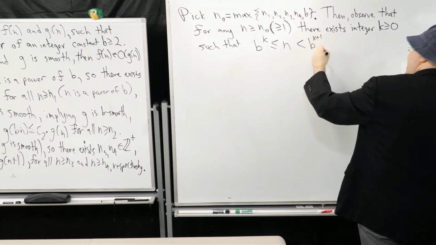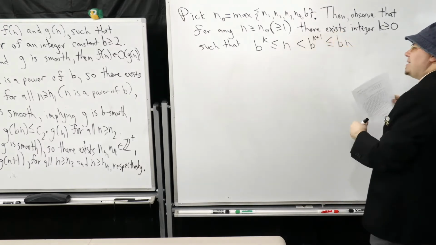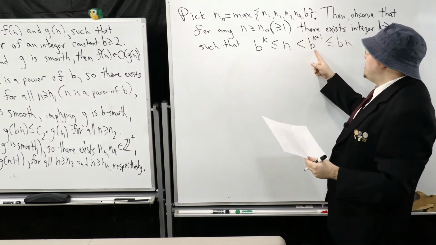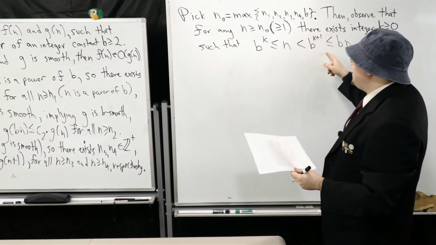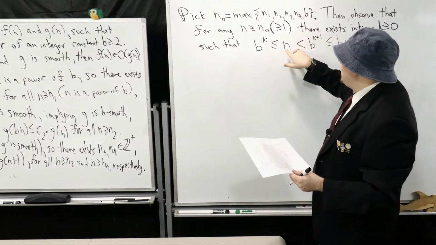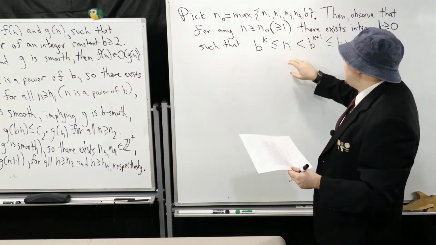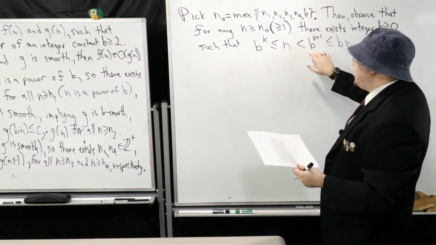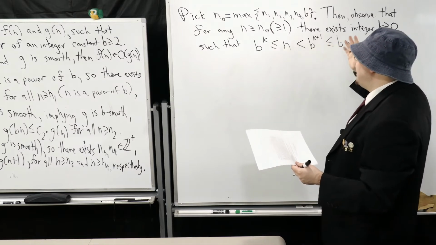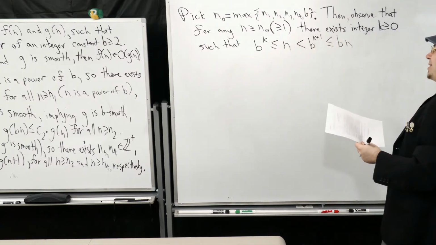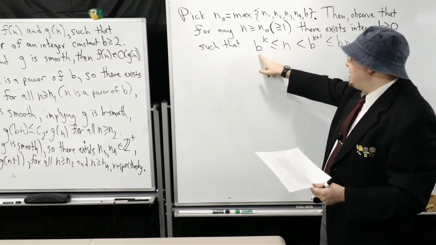Now you might ask, okay, well, what am I going to bound this by? I'm going to bound it by b times n. Now, you might ask, Dan, why is that true? Well, think about it. It's b times b to the power of k, right? We know that b to the power of k is less than or equal to n. But this is b times something that is not going to be more than n, so you know that this bounds on that side.